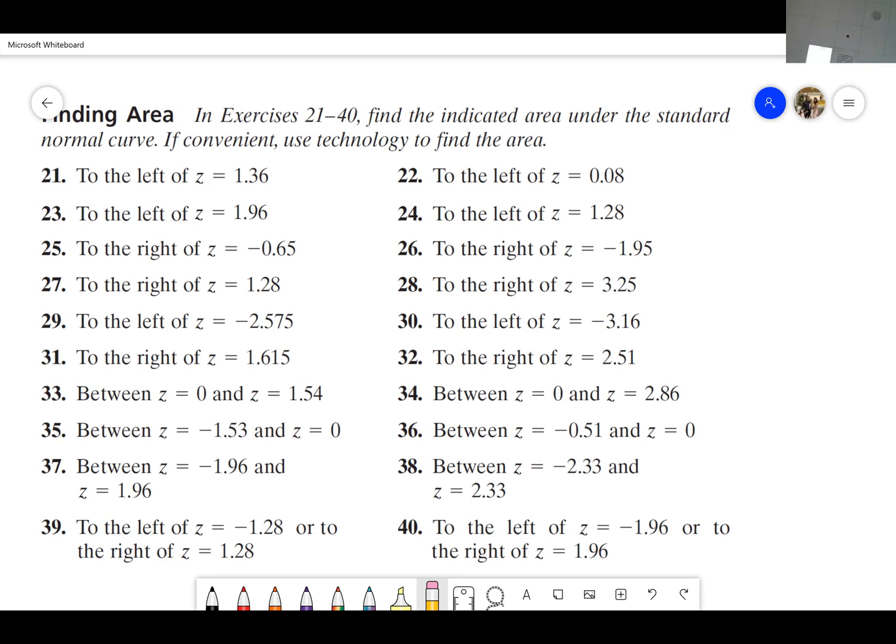Then let's say I look at another distribution. The mean here is 20 and the sigma here is 4. So it's a completely different distribution.